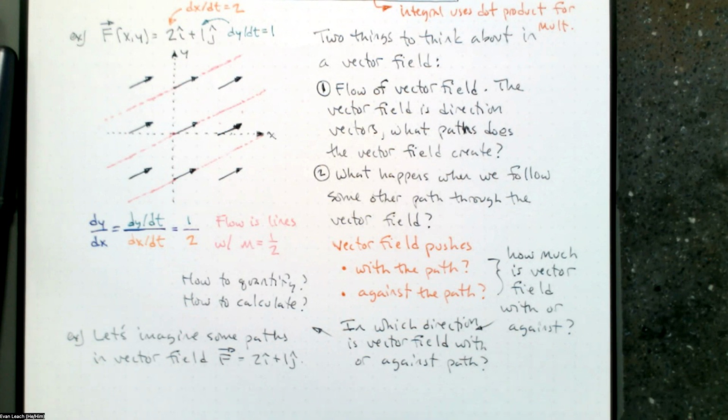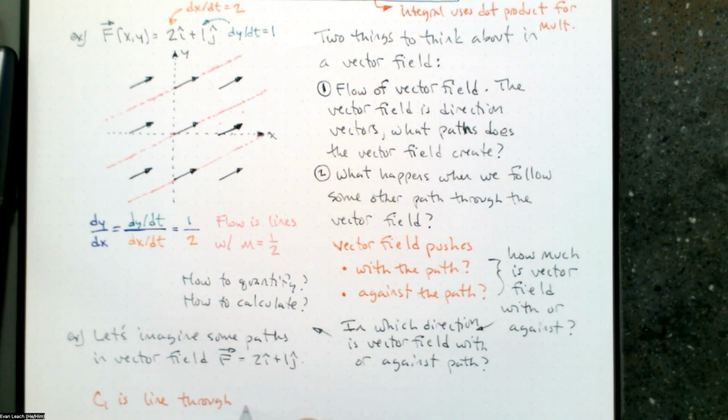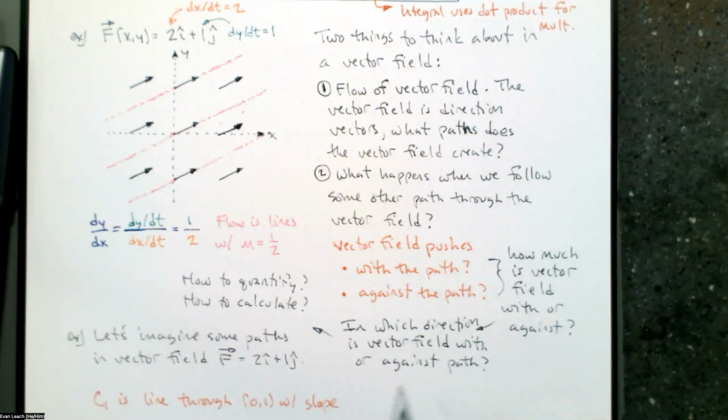Path C1. We usually name our paths curves, and so we use a capital C. So C1 is going to be matching the flow, a line through the point (0, 1) with a slope of 1/2.